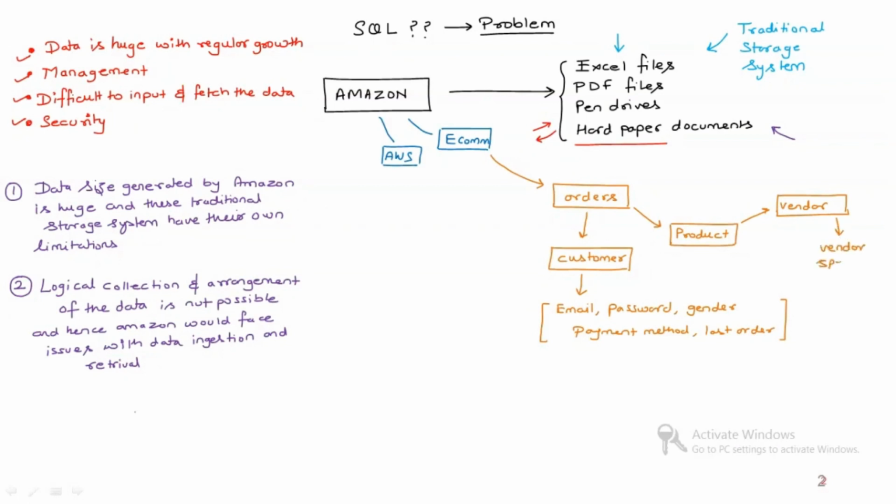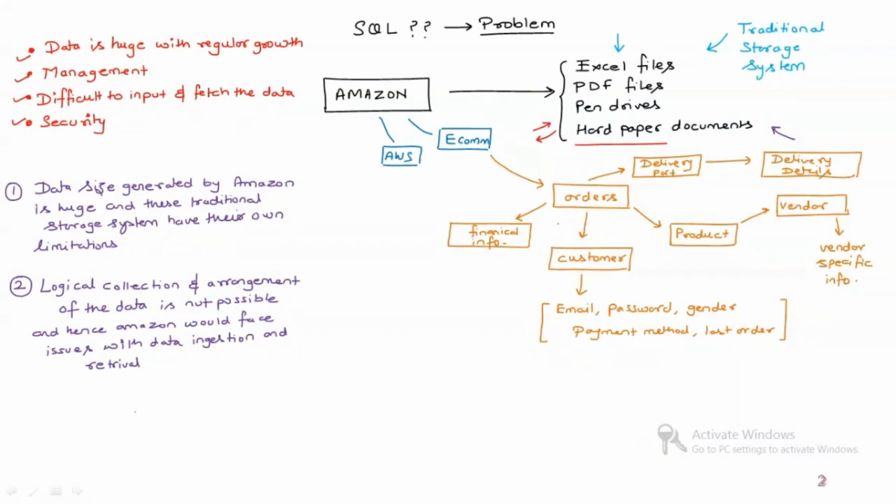Similarly, each order will be associated with a delivery partner who is going to deliver this product, and it will have the delivery details. Then there will be some financial details also, like what is the order value, what is the GST amount, what is the discount offered, what is the final amount. So financial information.